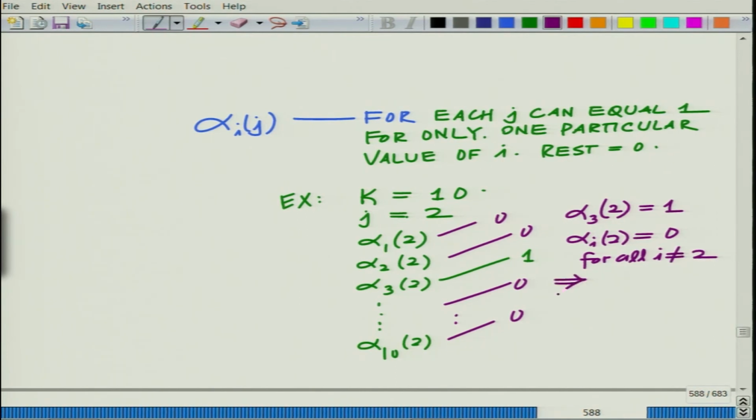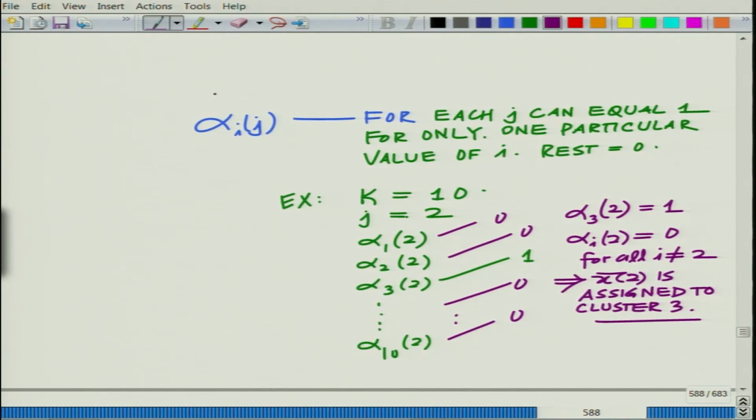So this implies x bar 2 is assigned to cluster number 3.